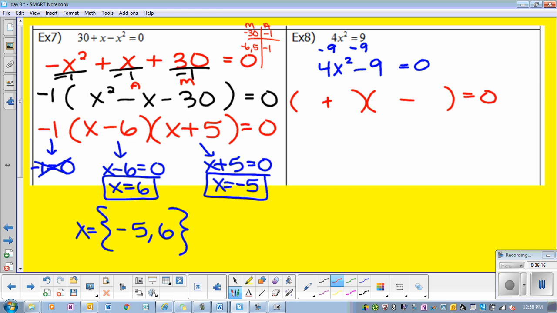So we have, what goes in the first term? 2x. Square root of 4x squared is 2x. What's the square root of 9? 3. So now you have 2x plus 3 and 2x minus 3, mini equations, and let's solve for x.